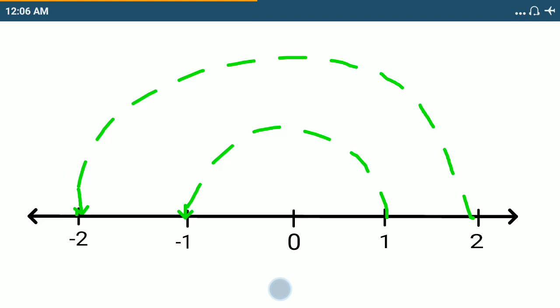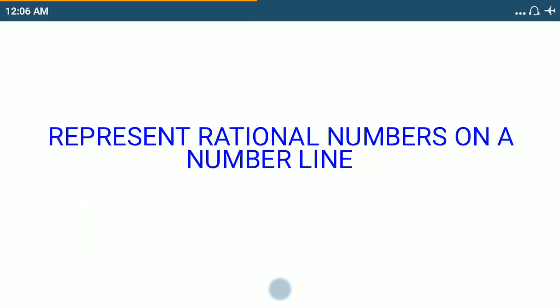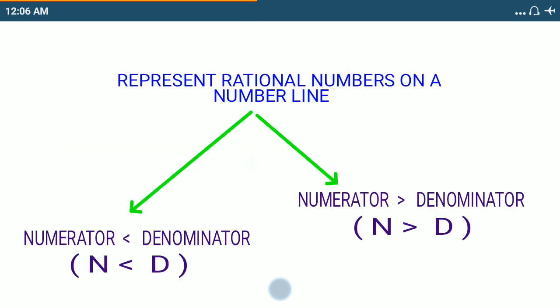Now we can move on to the representation of rational numbers on a number line. To simplify things, we can classify the examples into two types: ones in which the numerator is less than the denominator, and the other in which the numerator is greater than the denominator.